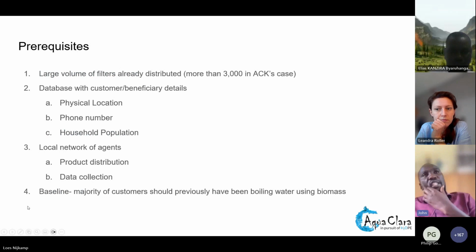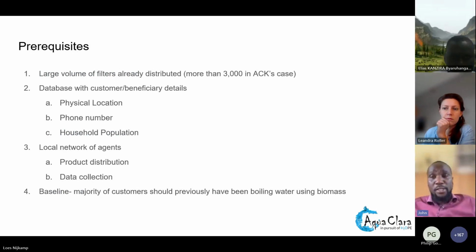Yeah, just to point out for other businesses or enterprises that may be thinking about setting up carbon credits, in looking at what is important to consider, for us, it was first to look at the volume of filters already distributed, because that then gives you an estimation of how many tons of carbon credits you're going to be able to generate.